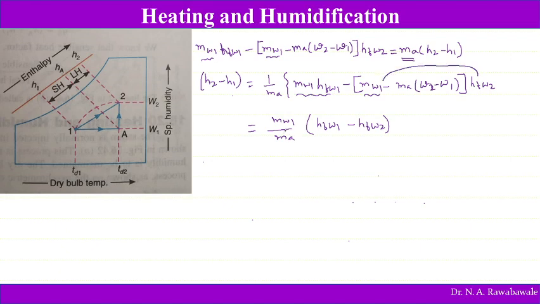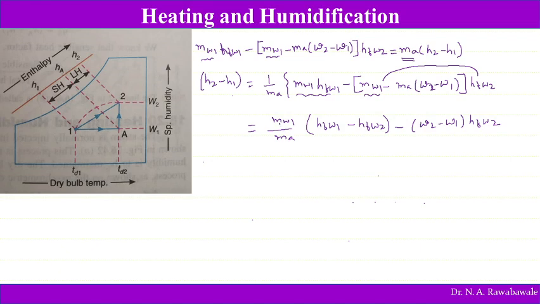So this term and this term are multiplied by HFW2. MW1 is taken common, so HFW1 minus HFW2 remains, and then minus MA into omega 2 minus omega 1 into HFW2.